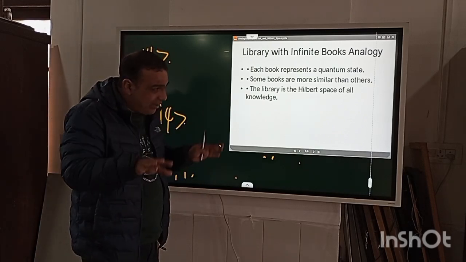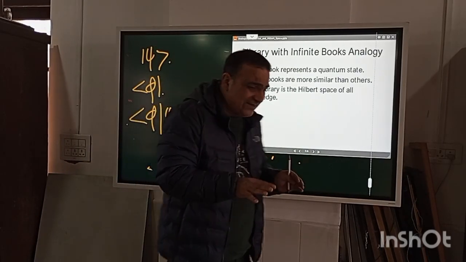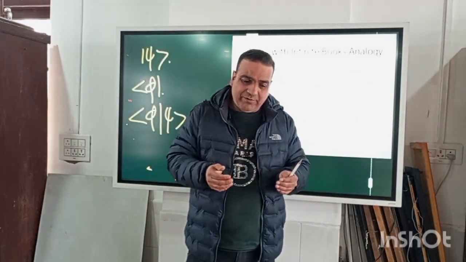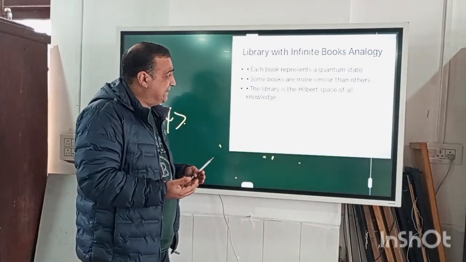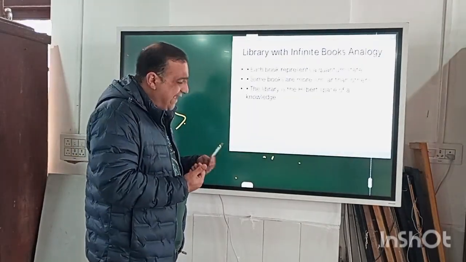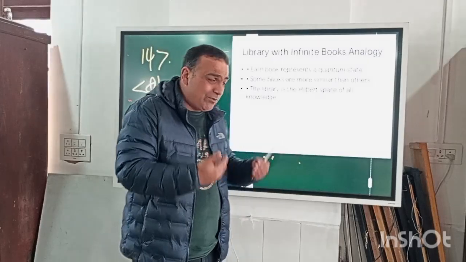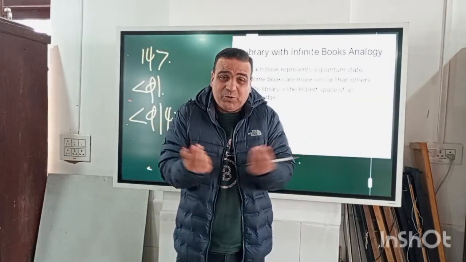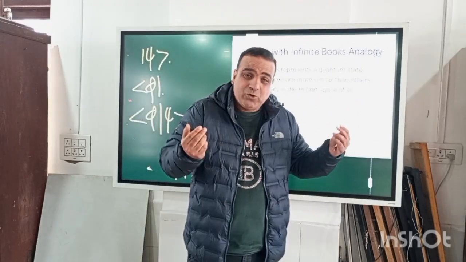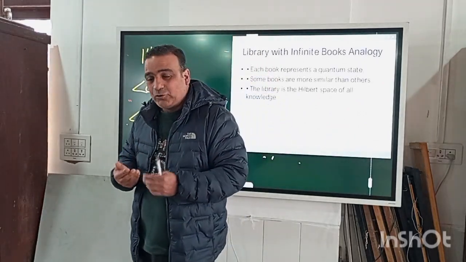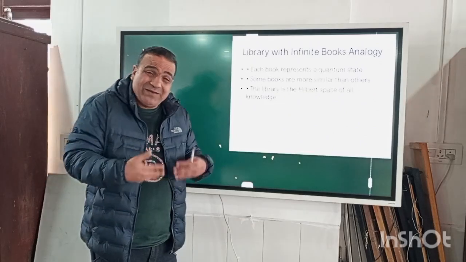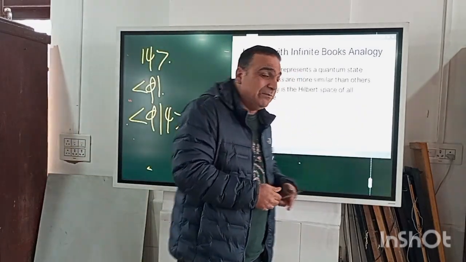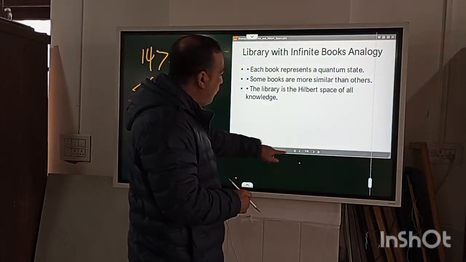This whole library is an example of the Hilbert space, and the existence of these books inside the library is representative of these kets. These kets exist inside that library in terms of these books. And if you take the inner product of two books, the inner product of these two quantum states will give us information about the similarity of these quantum states present in that Hilbert space.